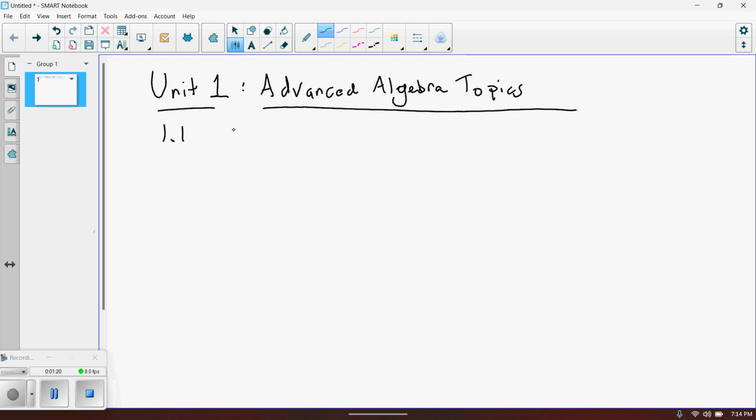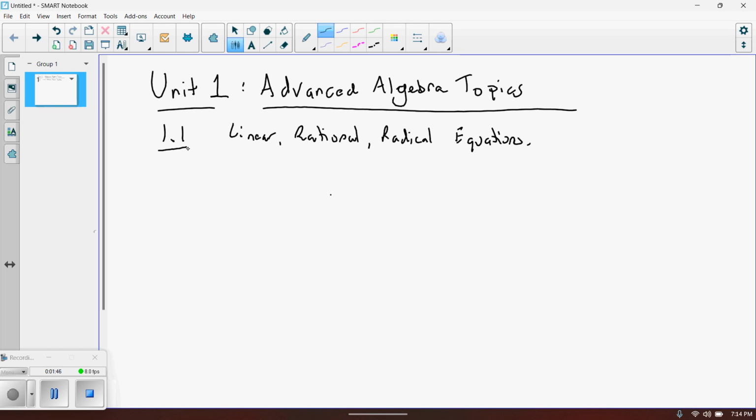So we're going to be talking about linear, rational, and radical equations. Again, this entire section 1.1 should pretty much be review. One way or the other, it's still a good thing to review some of this stuff.